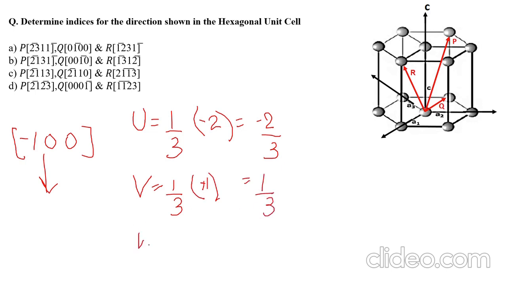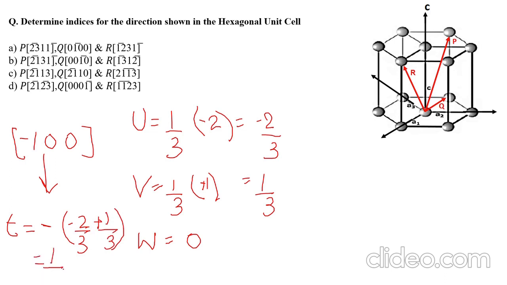We have W, which is equal to 0, and we have T, that is equal to minus of -2/3 plus 1/3. So we have 1/3 minus 1/3, that will be plus 1/3 overall.